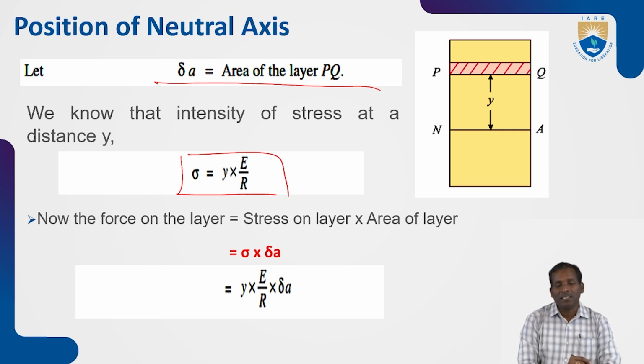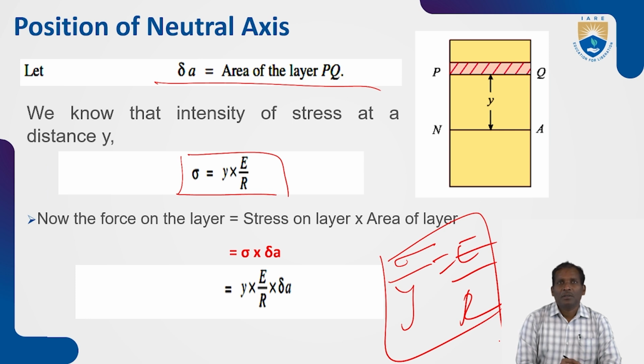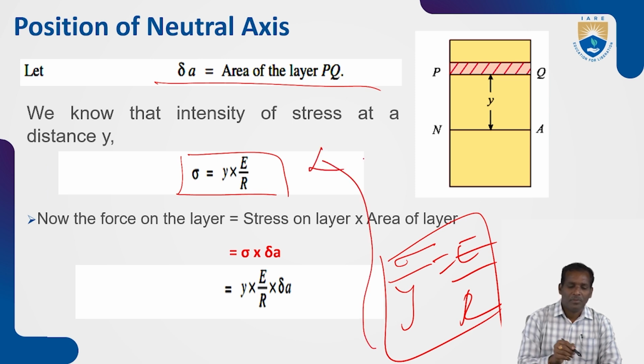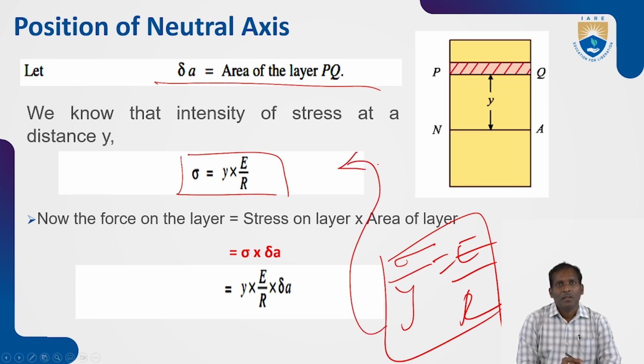From the bending stress equation, which we already derived in the previous session, sigma by y is equal to E by R. So here the intensity of the stress sigma is y into E by R. E and R are both constants. E is the elastic constant, Young's modulus, and R is the radius of the curvature.